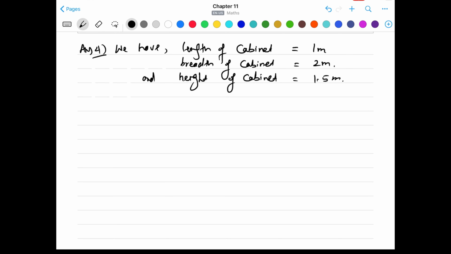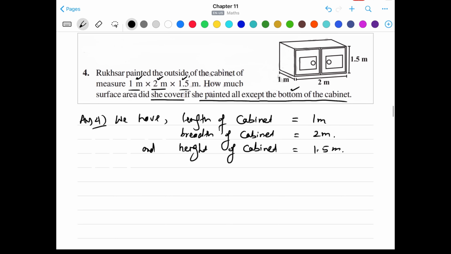Now let's calculate the total surface area of this box when it is open from the bottom side.